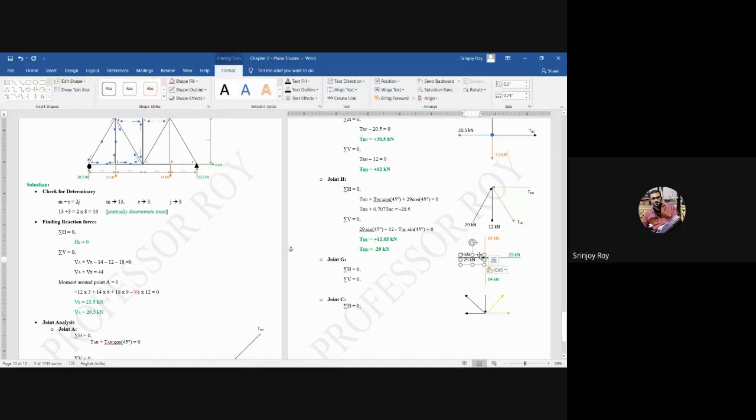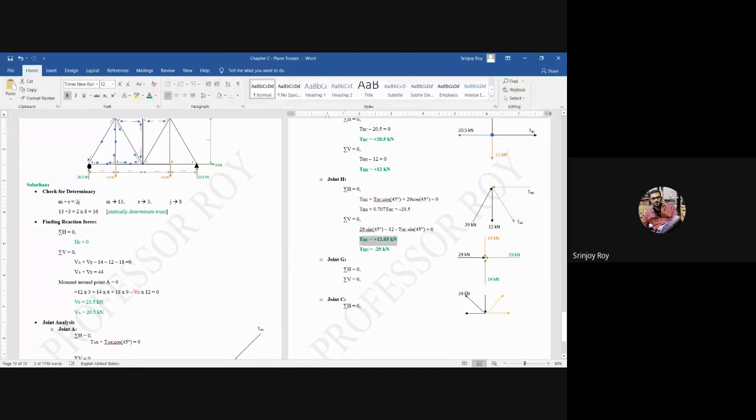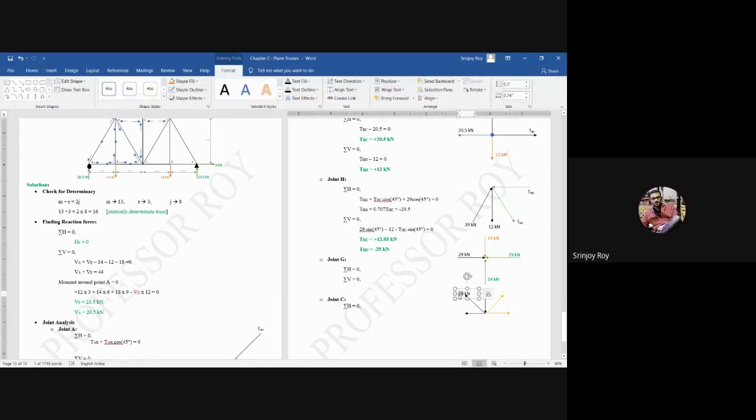How much was this one? What was this one actually? CH, this one, right? CH, HC, 12.03. Exactly, it's 12 point 0 3. How much was this one?